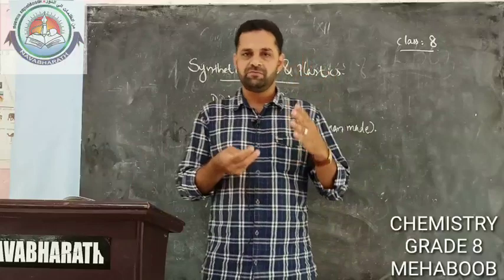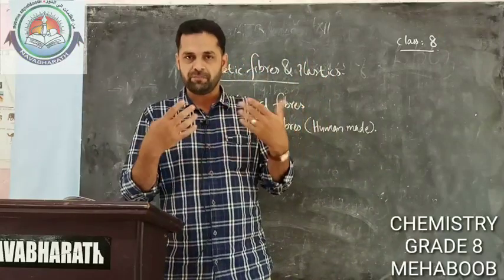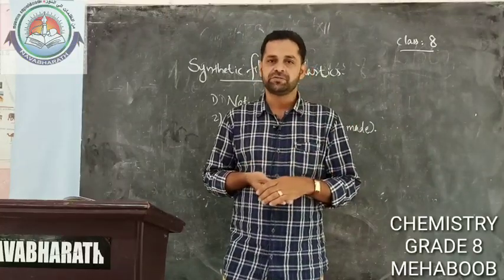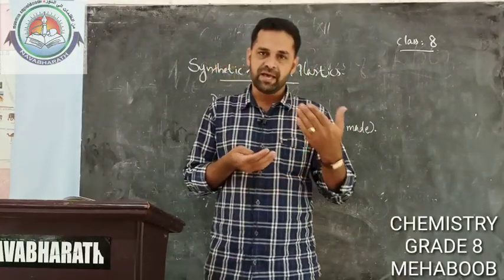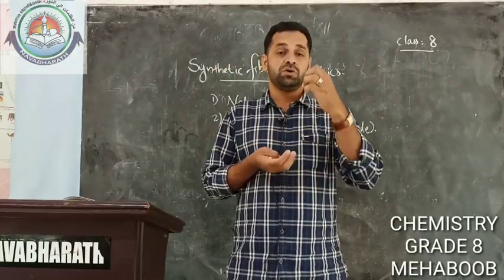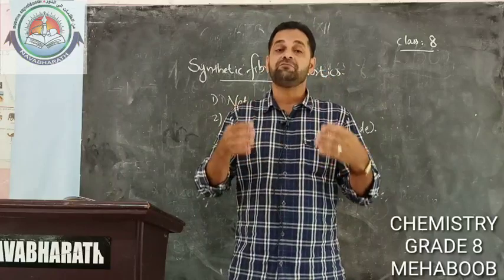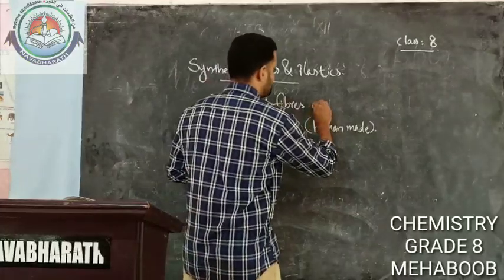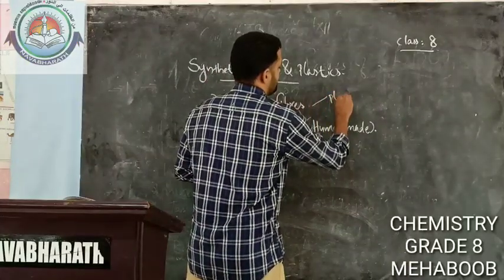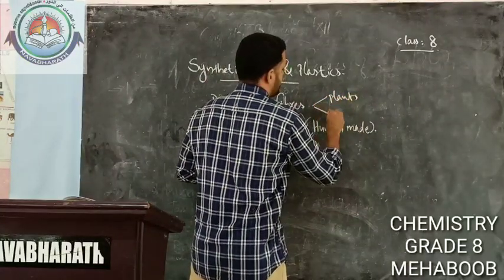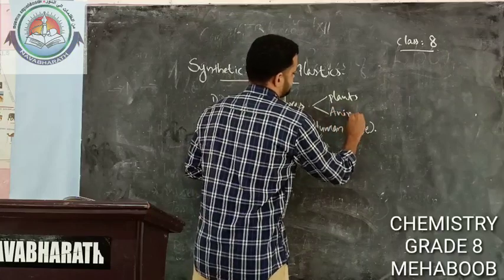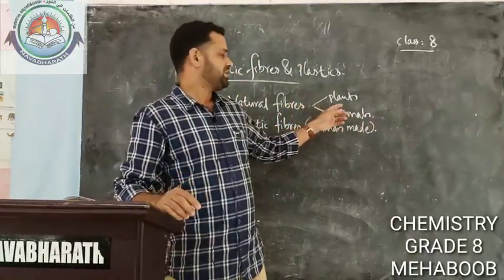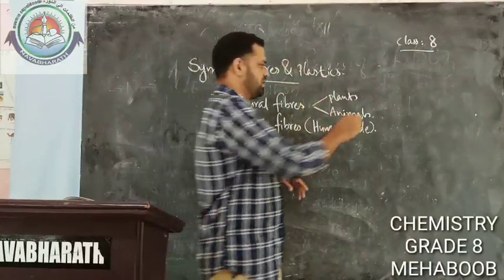The name itself says it: the fibers which are obtained from nature. We know from where we are getting these fibers? From plants and animals. The fibers which are obtained from plants and animals are called natural fibers. Which are the fibers obtained from plants?